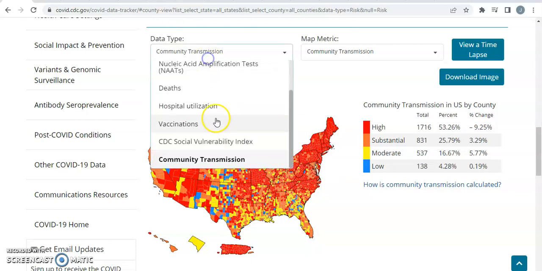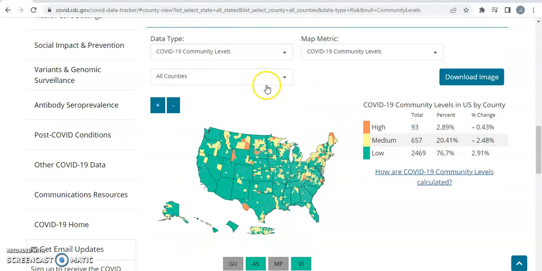Because going by this sea of green right here, community levels, look at this. This is a bogus map. Yes, it does show the Northeast is starting to get worse. But if you look at the rest of the country, it's not showing much of anything. And it's really covering up the true story of how bad things are.